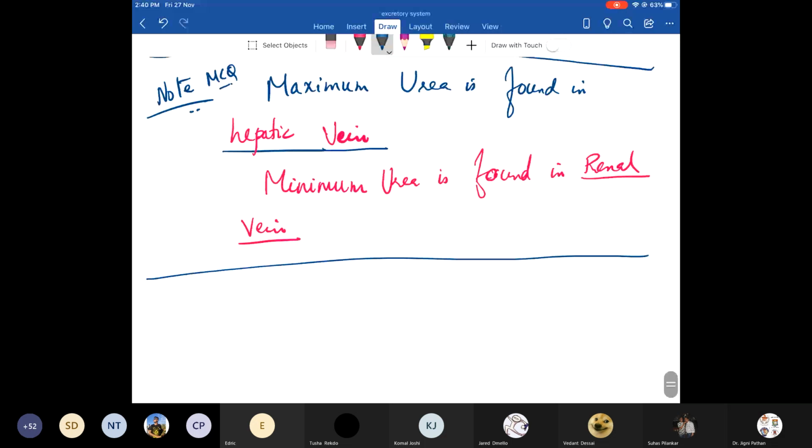The next topic is osmoregulators and osmoconformers.